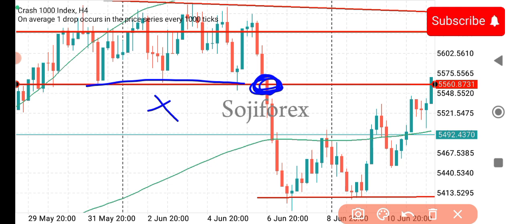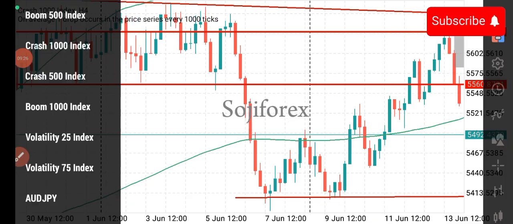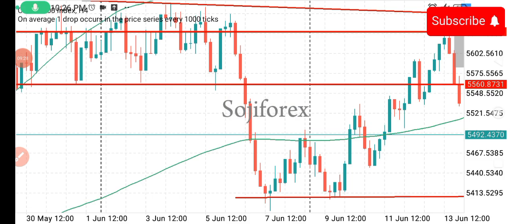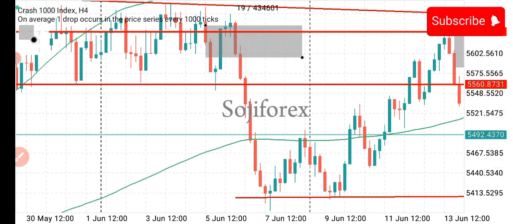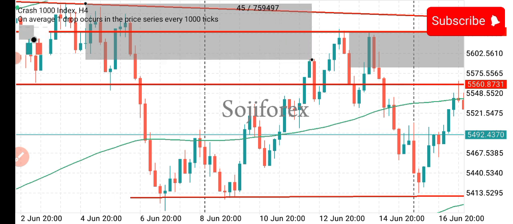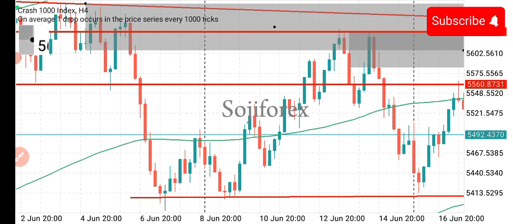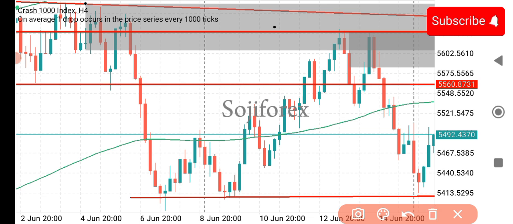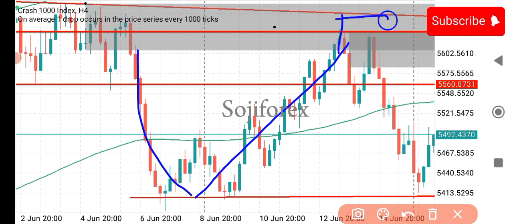But if the zone you mark is this particular zone, you can see what happened. Price came down to this zone, went back, tapped into this other block.